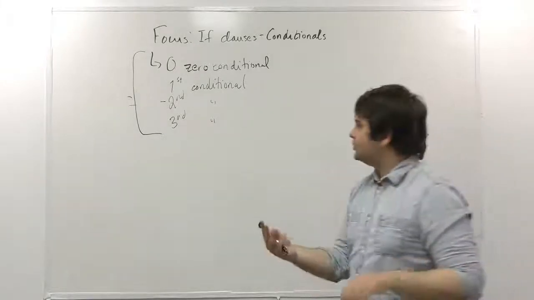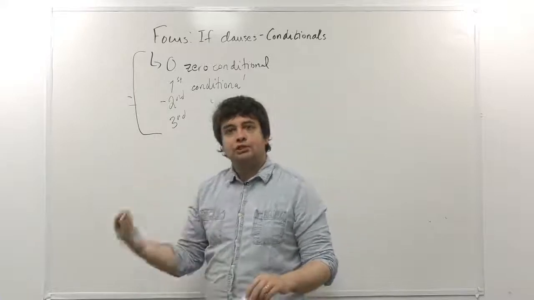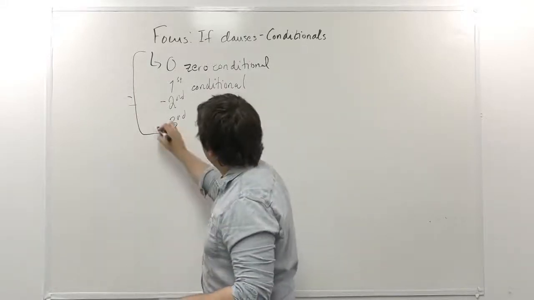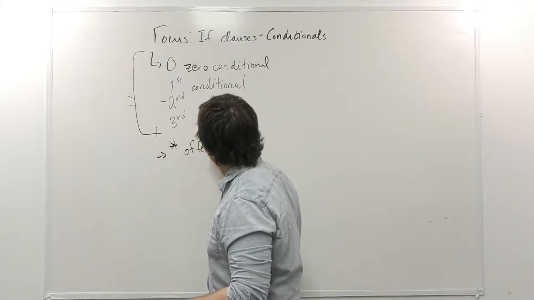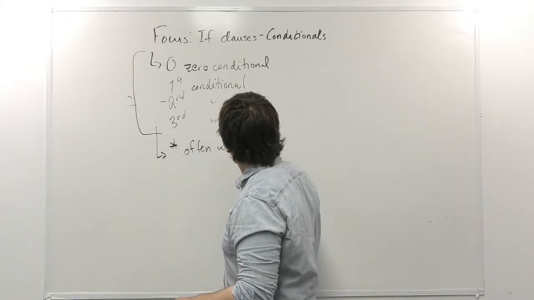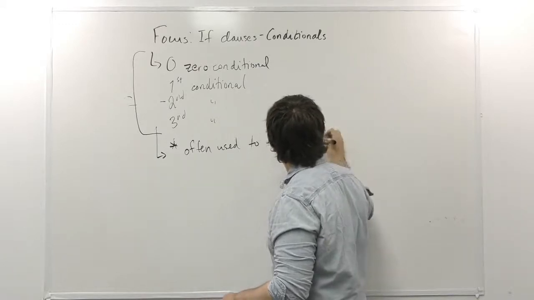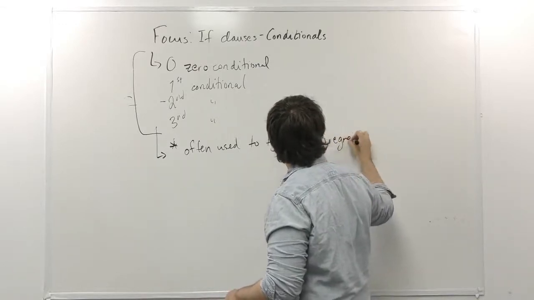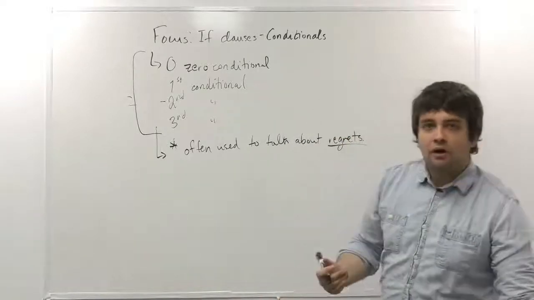Okay, now I should note here, we know the third conditional is used to talk about imaginary situations in the past. I would also add here that it is often used to talk about regrets. Now, I hope you guys know what regrets are.